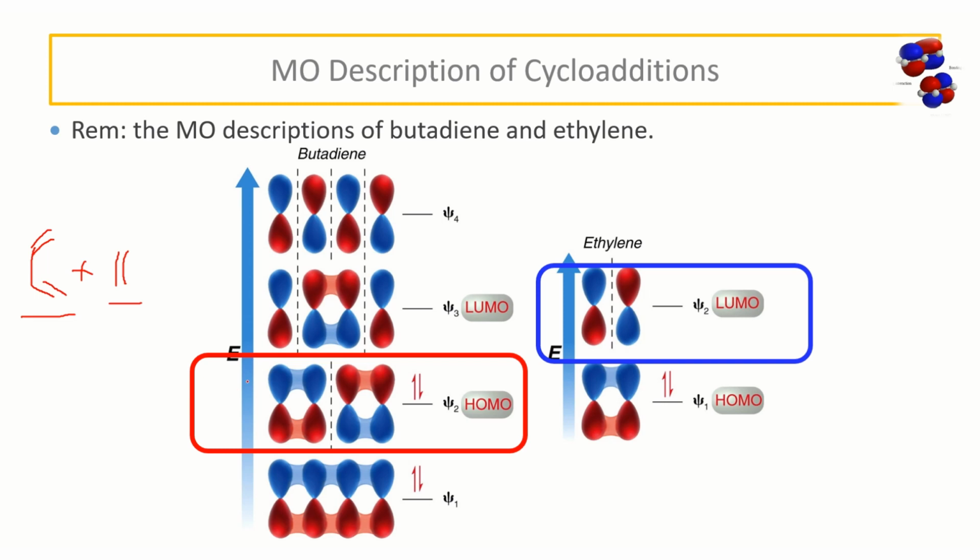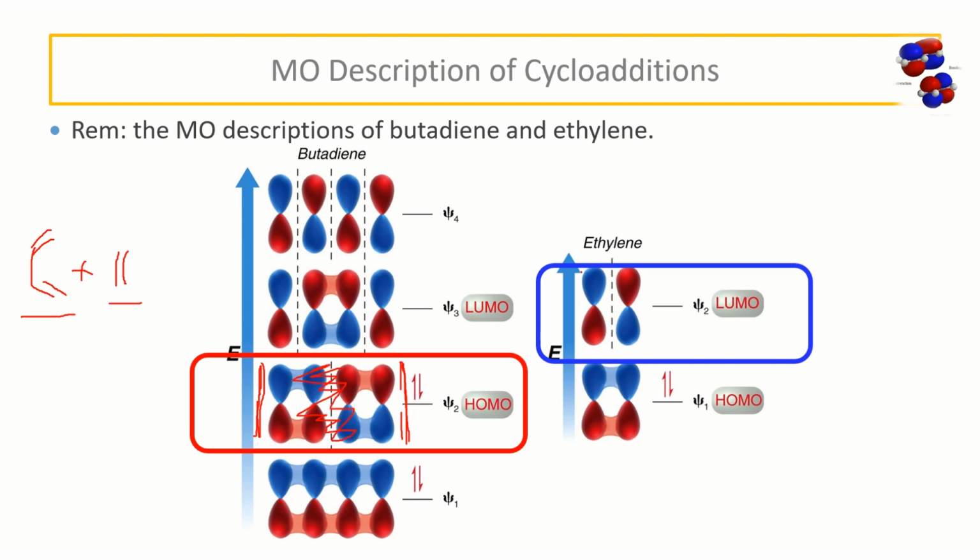Look carefully, because if you note, the HOMO of the diene, psi2, is an asymmetrical molecular orbital. Can you see? Why? Both ends are opposing flavor. Blue, red, and here on this side, red, blue. So we're only concerned with the ends. We're not concerned with what's going on in here.